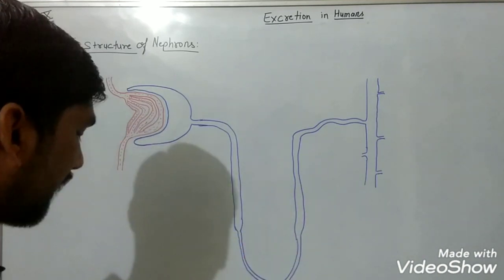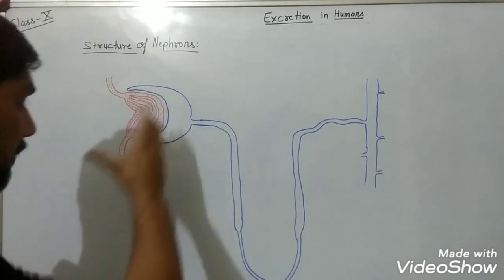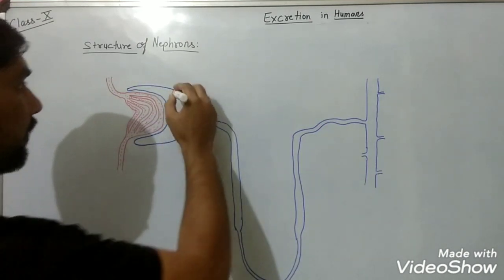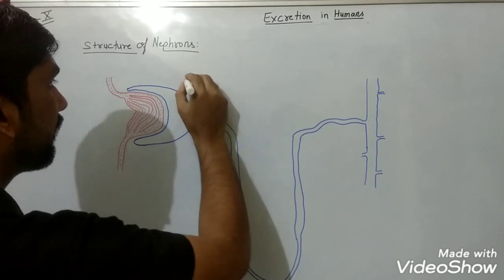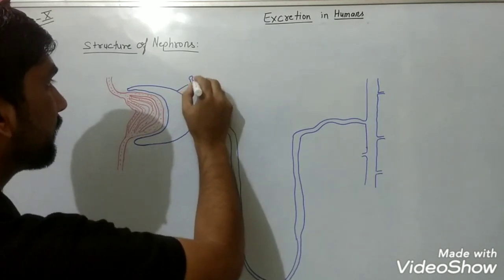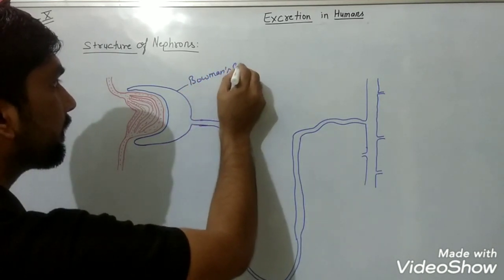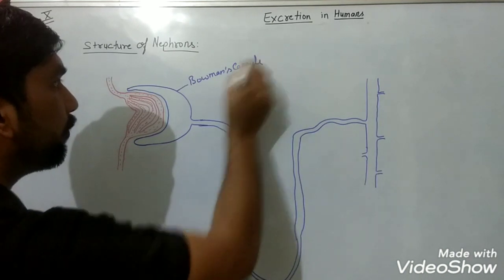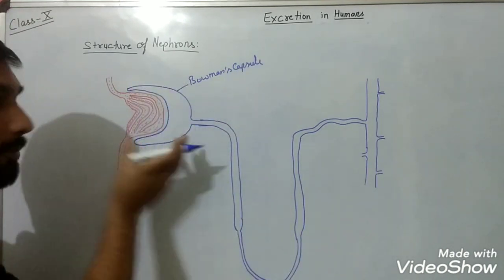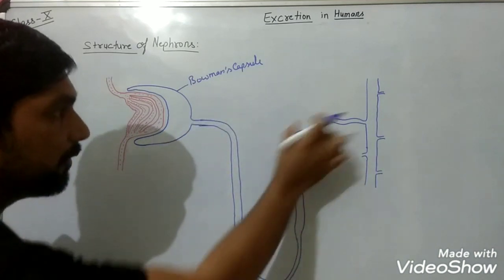So you can see here the cup-shaped or capsule-shaped structure, that is known as Bowman's capsule. This capsule further joins and opens into a very coiled tubule.